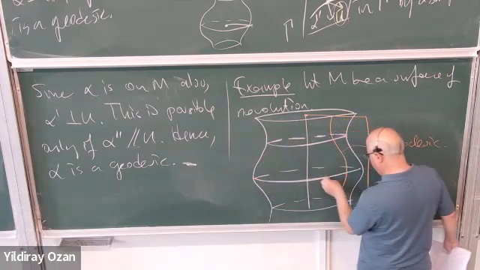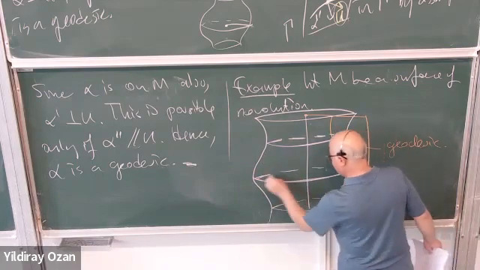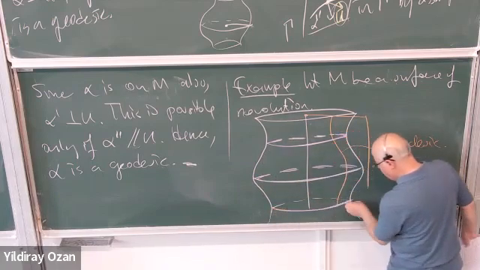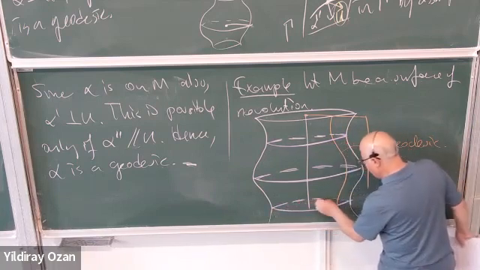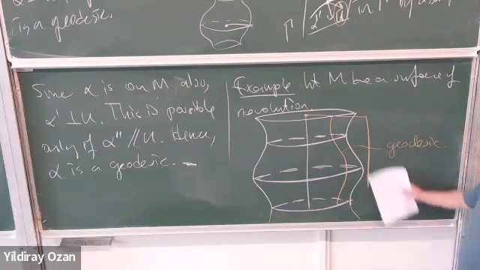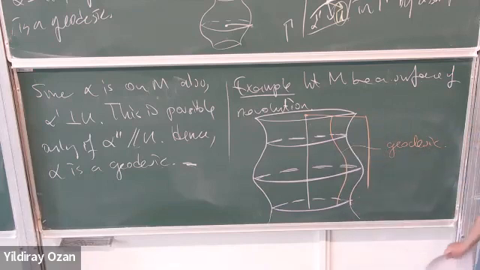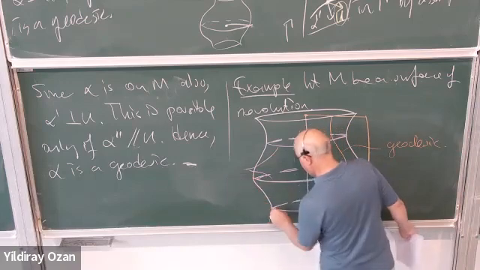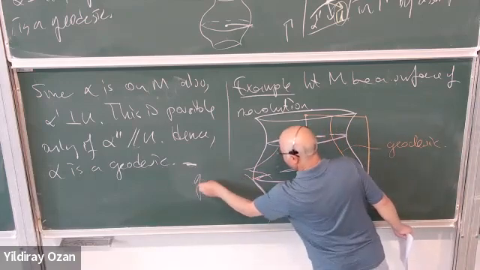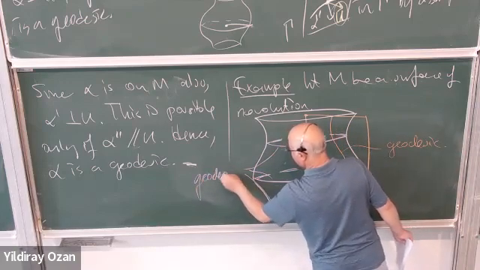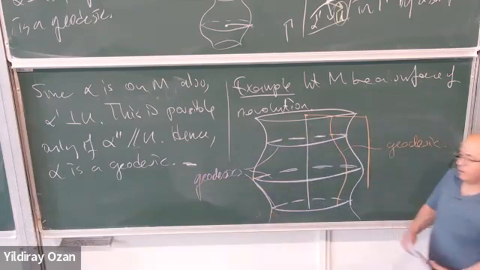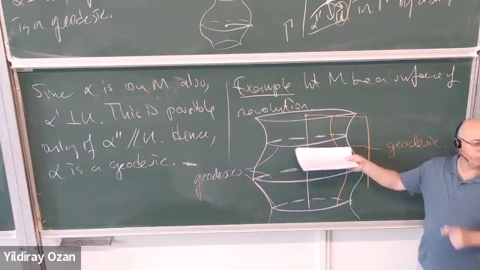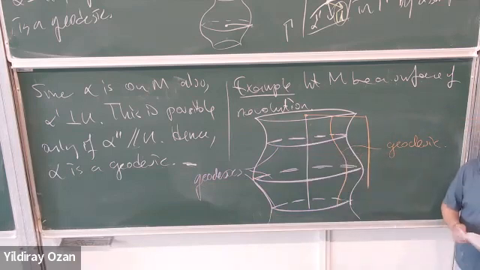The maximal radius is this one, this curve, and then you have another one, a local minimum for the radius. These are also geodesics, okay? Because if you cut it like this, your plane will be perpendicular to the surface.